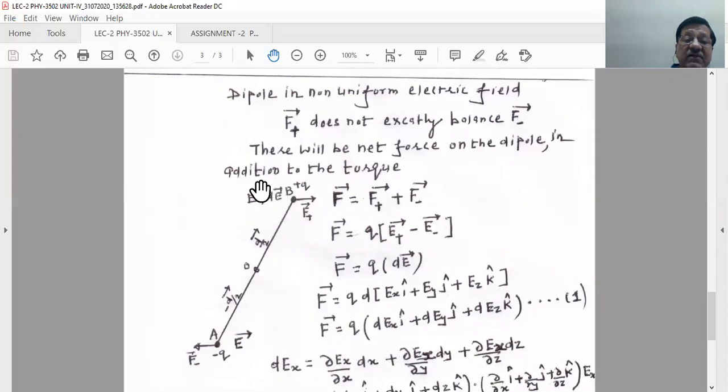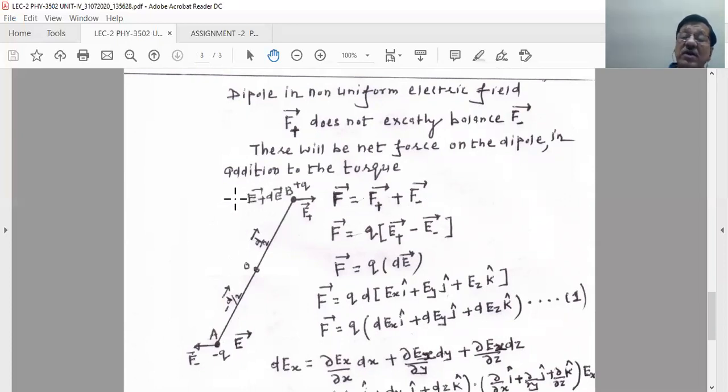Friends, the electric field is non-uniform, and it is space dependent. Let us say it is a space dependent electric field. So at the point A, the field strength is vector E. And if you see at the point B, the electric field is not E, but it is slightly greater. So the electric field, I write down vector E plus dE.